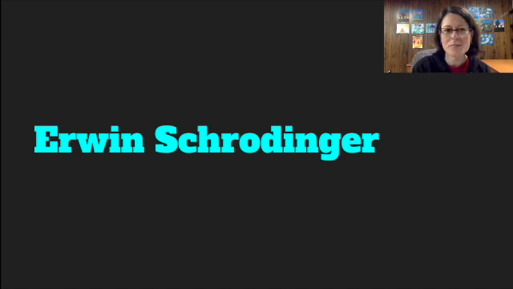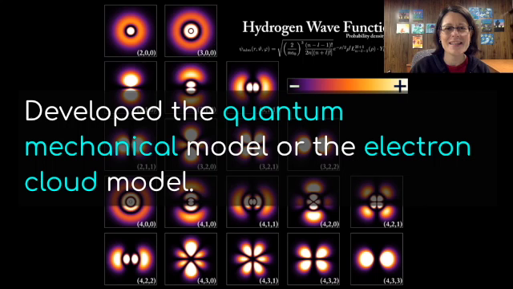Then, Erwin Schrödinger. Now, there is supposed to be an accent over the O, but I couldn't figure out how to do it. Okay. Erwin Schrödinger, he published his findings in 1926, and he developed what is called the quantum mechanical model or the electron cloud model.